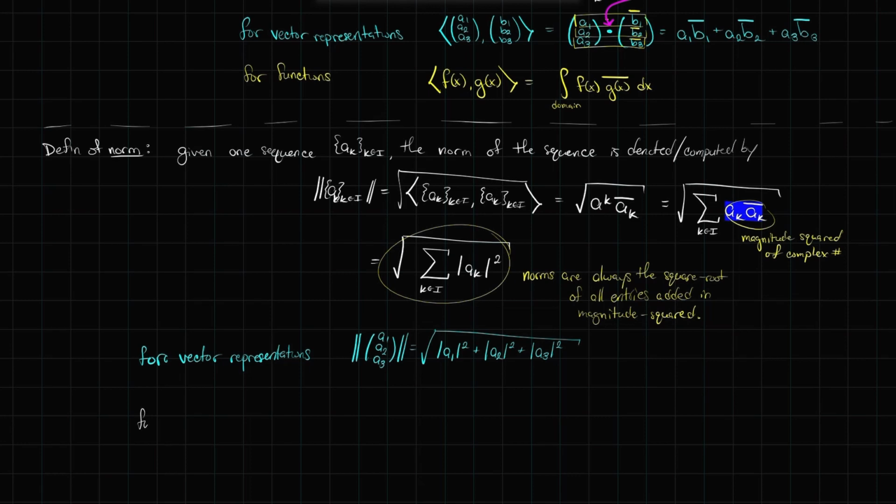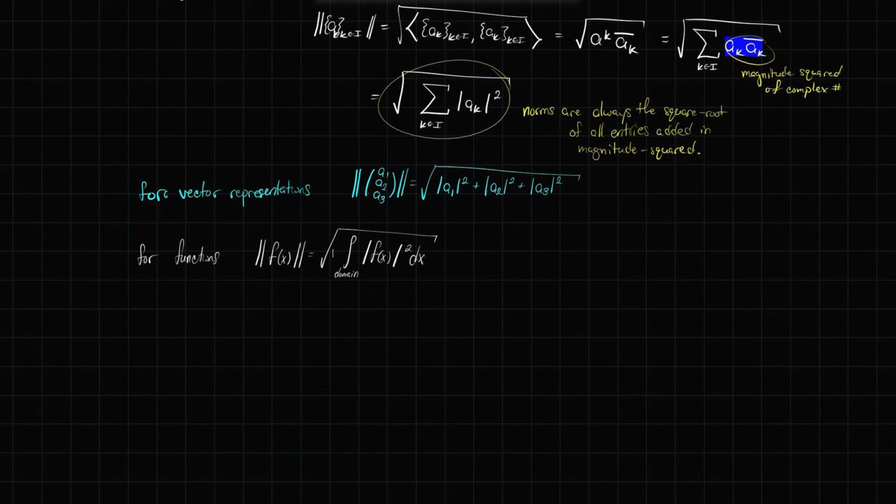And for functions, we can compute the norm of a function as the square root of the integral over the domain of the magnitude of the function squared dx. So there's a little bit of shorthand on getting better at computing norms faster. You can use these bottom two ideas every time you want to compute a norm and maybe skip having to take the inner product of something with itself. That's usually just an extra step that you don't have to worry about.